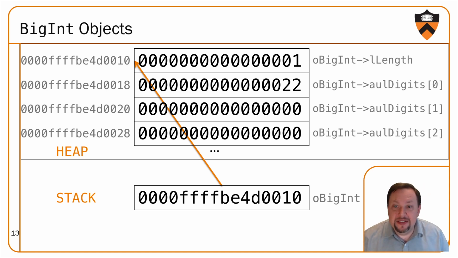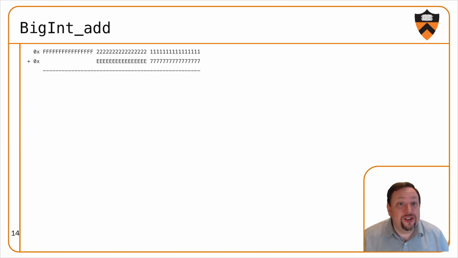So if the length is 1, we really only care about the first digit. If the length is bigger than 1, then we care about some prefix of all of those digits in the array. And so now how do we do addition on these?